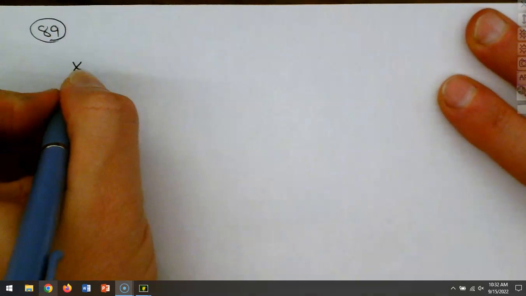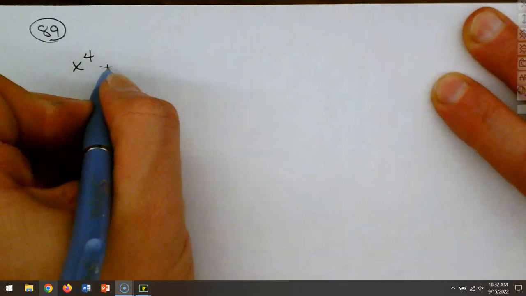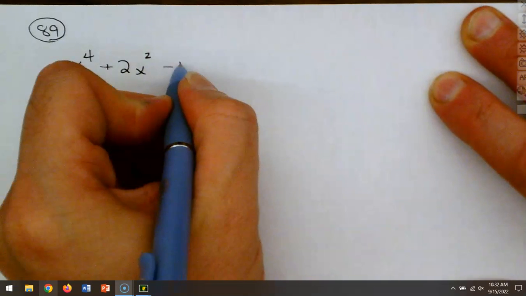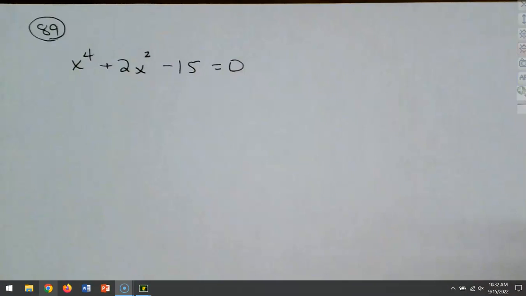The highest power tells you how many solutions you're going to have at most. So when we look at question 89, the highest power is going to be 4. So when we look at this, this is kind of like what we're used to working with.